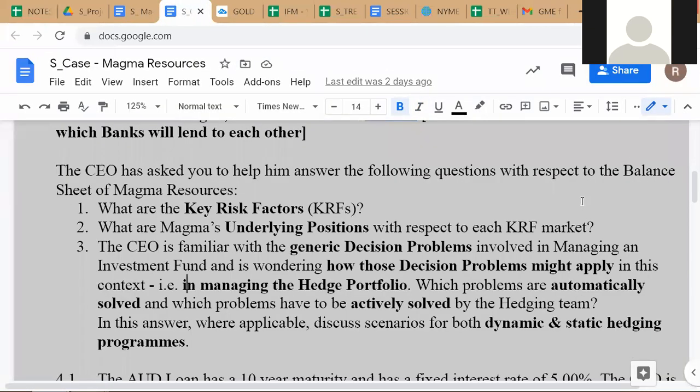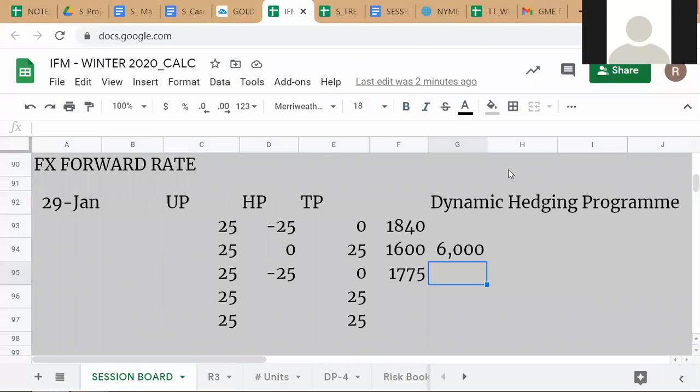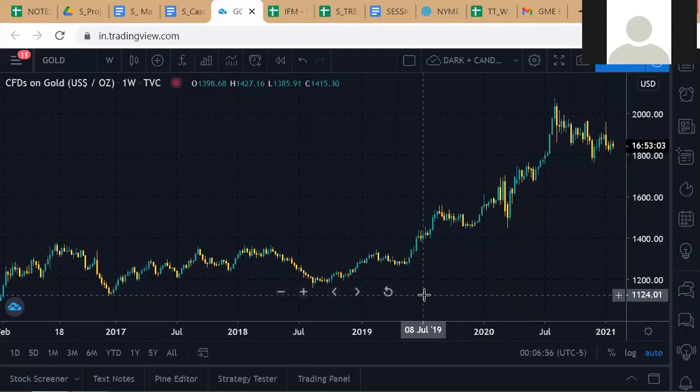So we're still answering Siddharth's question, but I wanted to give the distinction between dynamic and static hedging program, which has already happened now. We would have had this discussion maybe sometime later. So now you understand what is meant by a dynamic and static hedging program.